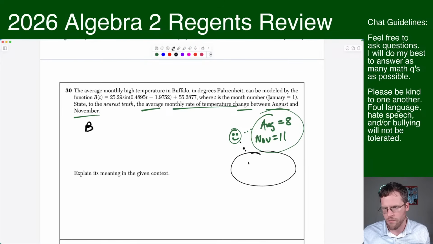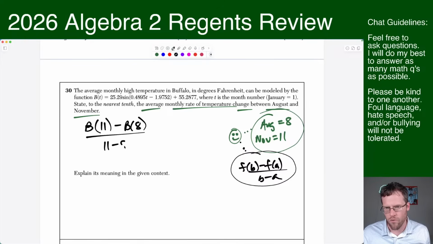So I also think of this formula here, f of b minus f of a over b minus a. It's like finding the slope. So we're doing B of 11 minus B of 8 over 11 minus 8. And if I write the units here, we could look here. B of t is the degrees Fahrenheit. So it's like degrees Fahrenheit.